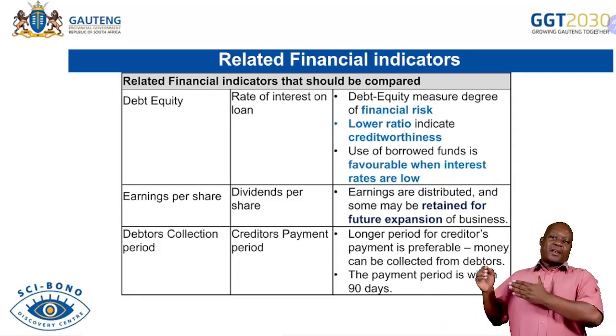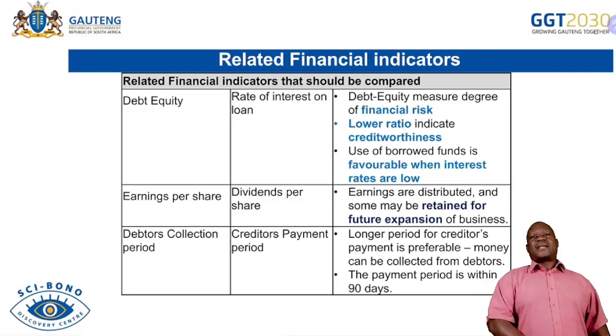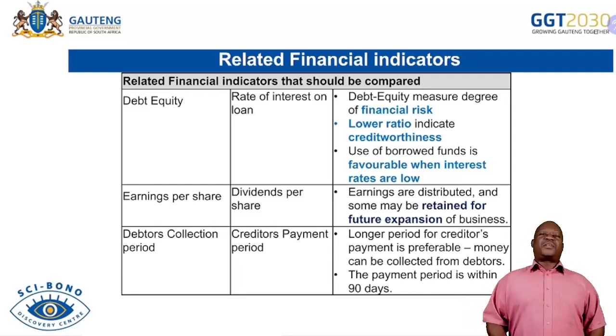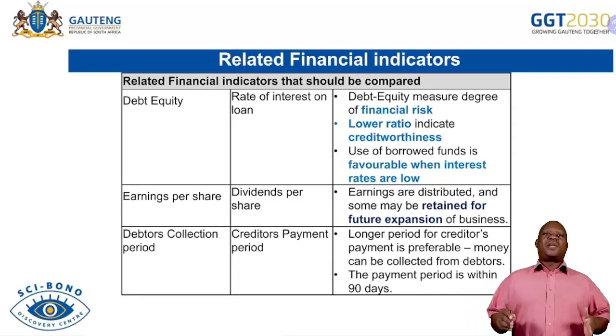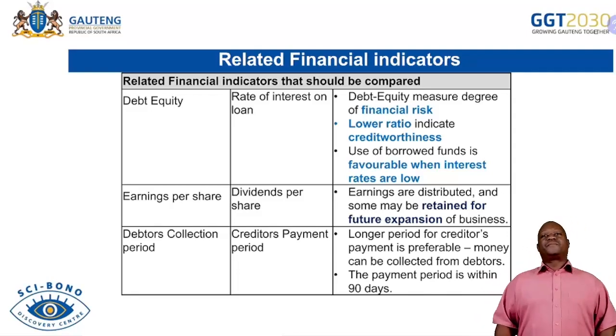We can go and buy stock on credit from our creditors, sell it to our debtors, insist that our debtors pay us back on time, and then we are going to use the same money to pay our creditors. But this should be within the agreed time period.